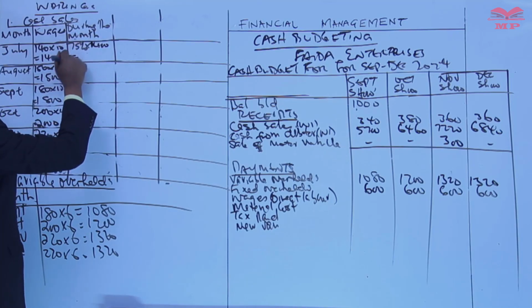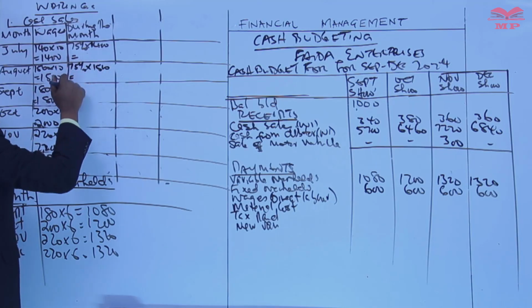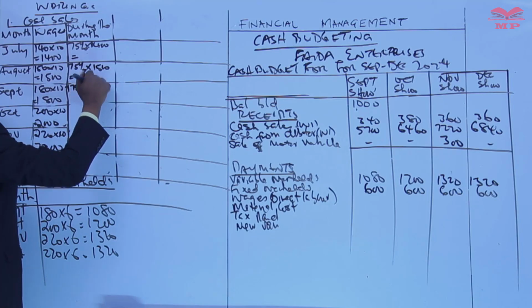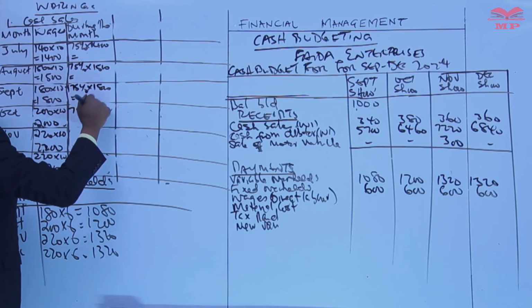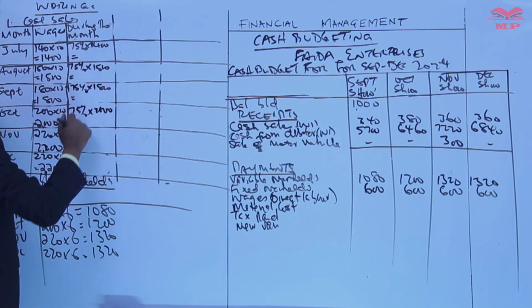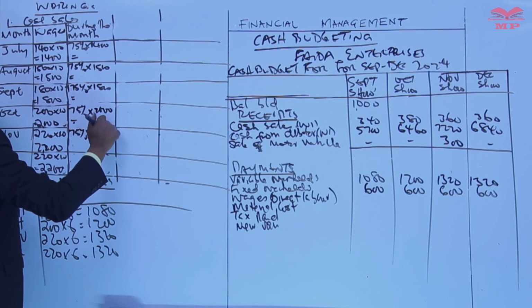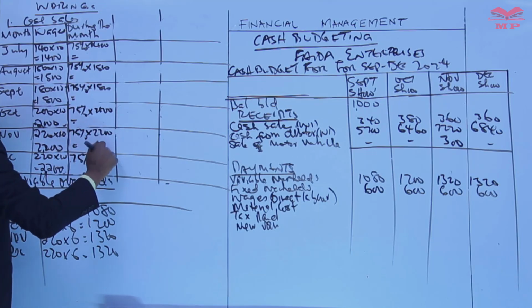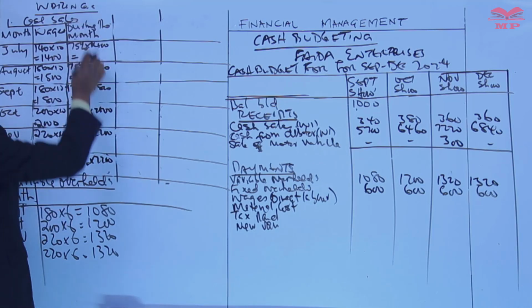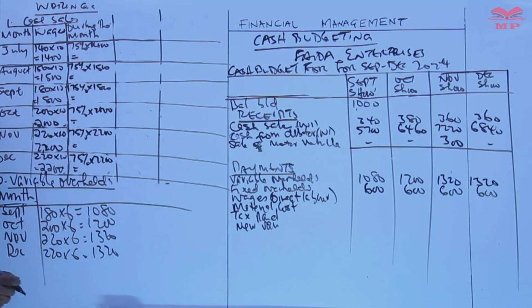Then we have 75% times 1500, 75% times 1800, 75% times 2 million, and 75% times 2.2 million. 75% of the amount that was earned was paid.